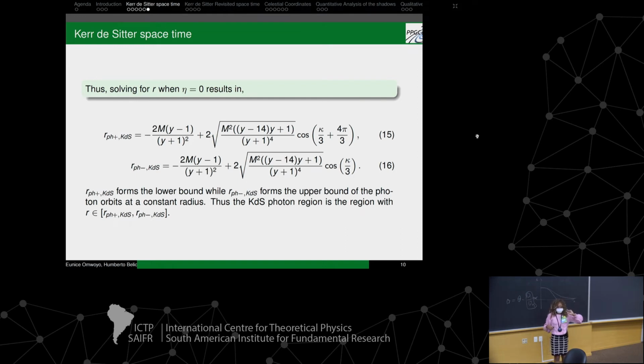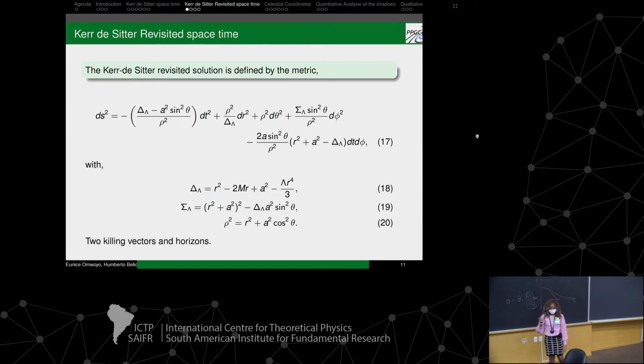So equations 15 and 16 form the lower and upper bound of the spherical photon orbits. The spherical photon orbits can only exist from the radius at equation 15 up to the radius at equation 16. Beyond this region, they are not spherical.